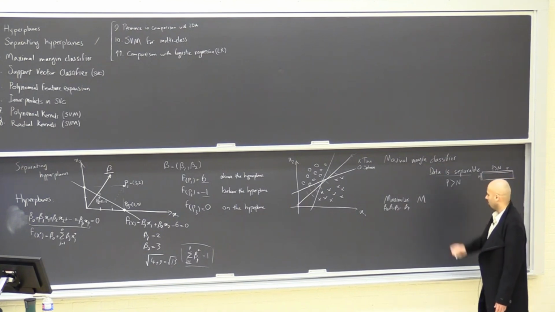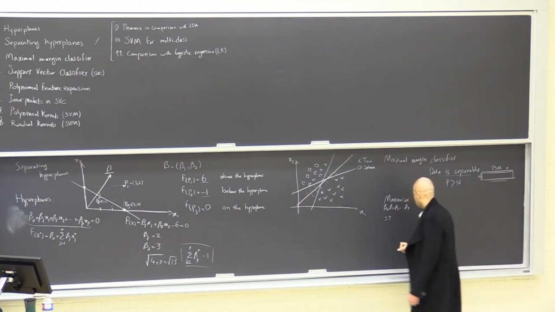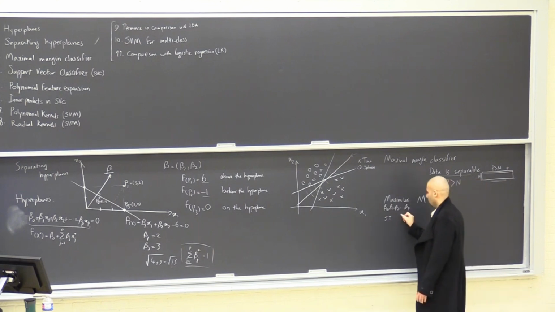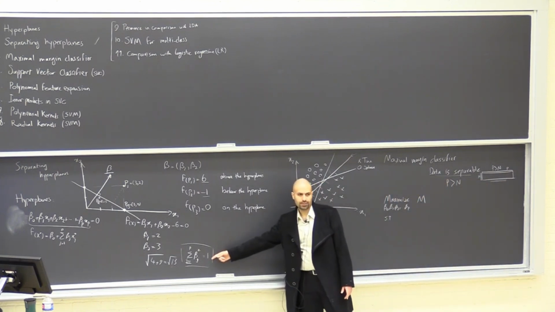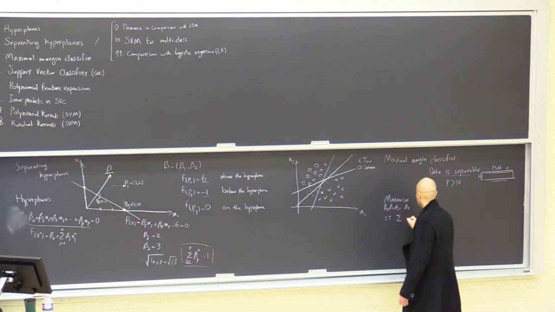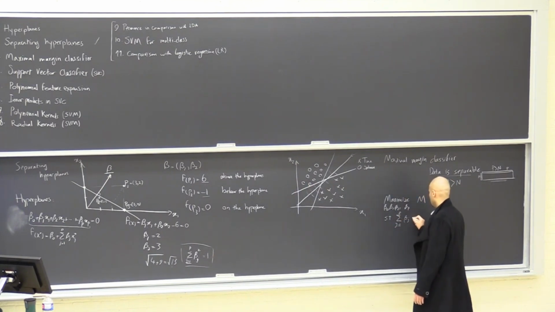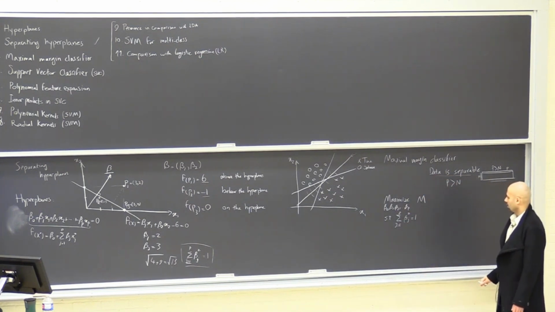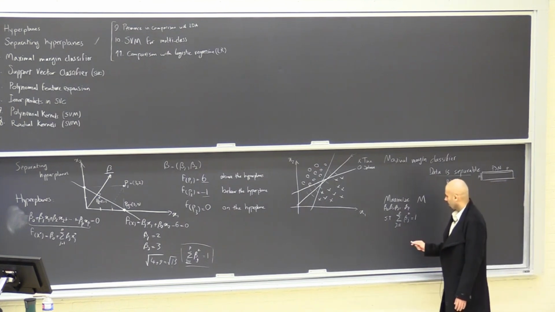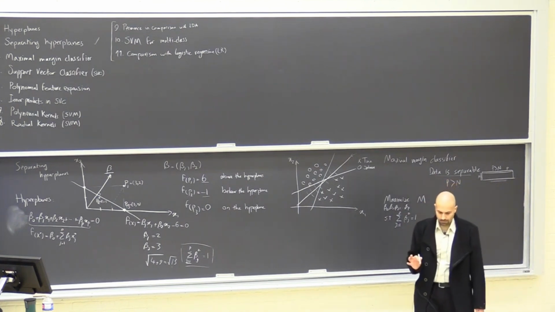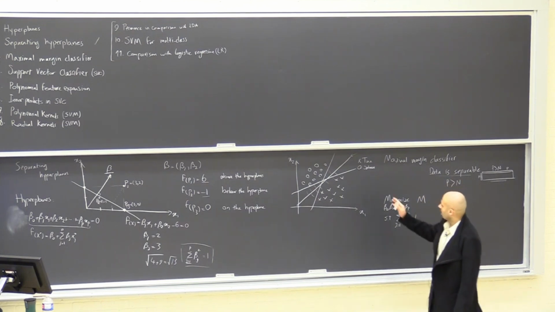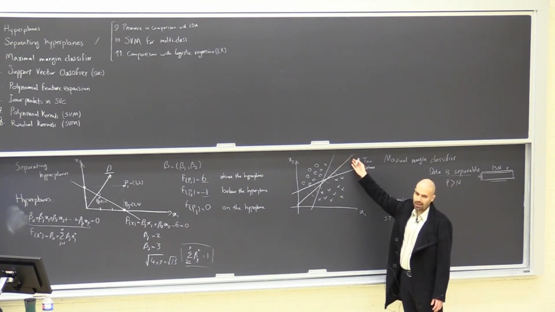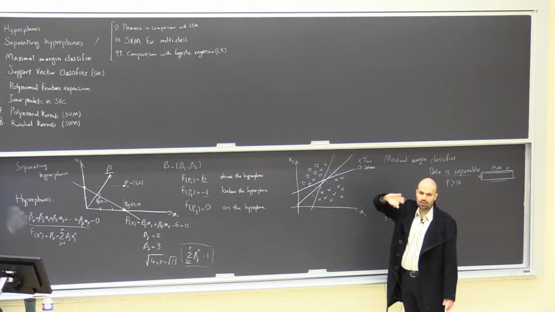So we maximize M subject to, well, we have this. This is one constraint: the sum over j from 1 to p of beta j squared should be equal to 1. And then the margin, well, essentially the classification rule is the value of the function, right? So it's either negative or positive.